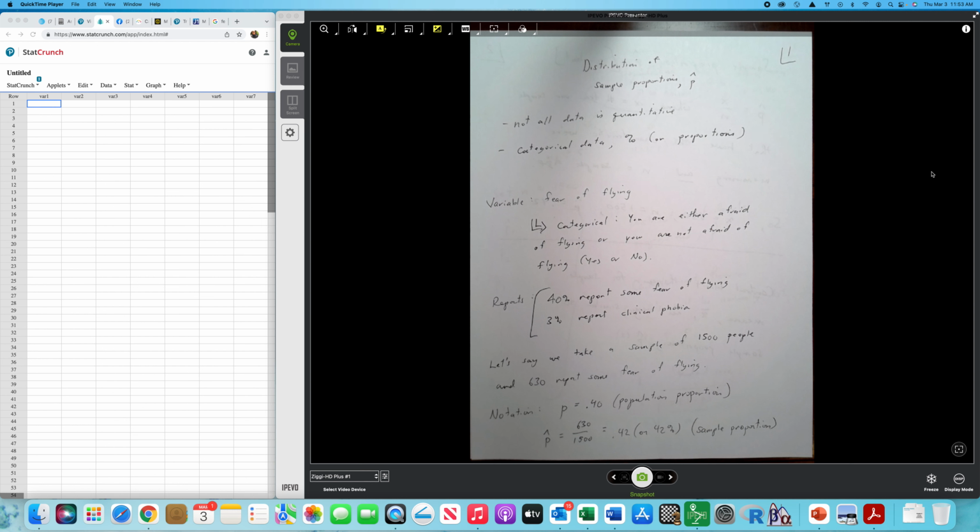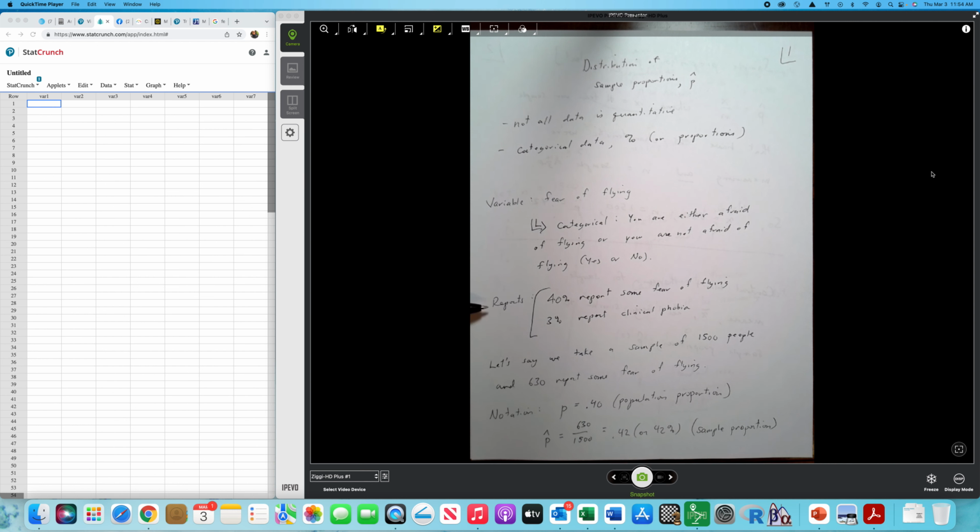In fact, I just looked it up. There was a report recently, but again, let me explain the variable. The variable of fear of flying is categorical because you're either afraid of flying or you're not. So, obvious categorical data.